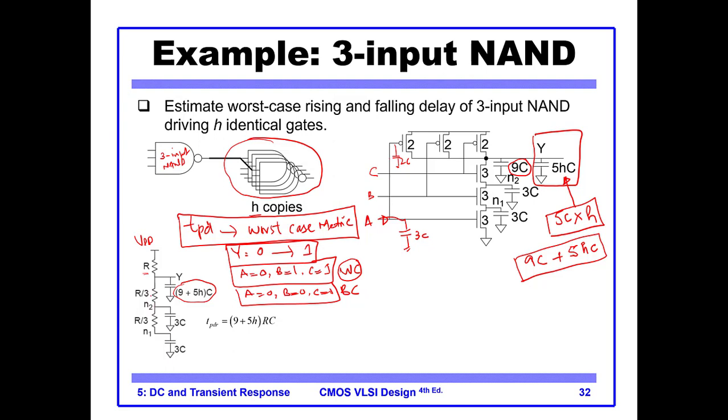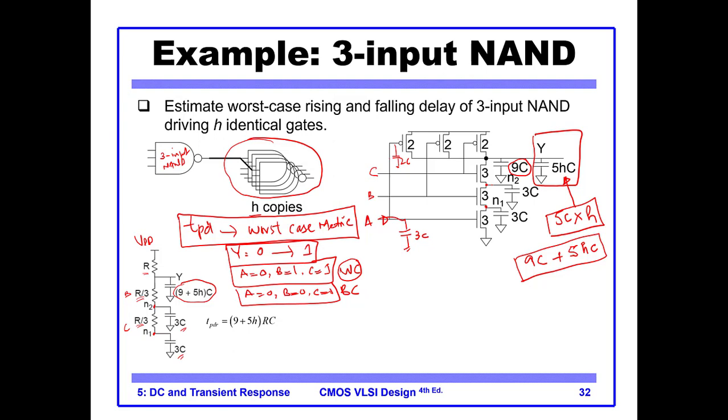So this is coming from transistor B, and this is coming from transistor C, for example. So we have R by 3, again R by 3, and these two capacitances 3C and 3C. So this is node N1, this is node N2. These two transistors are turned on, and the lower transistor is off. So this is the equivalent circuit.